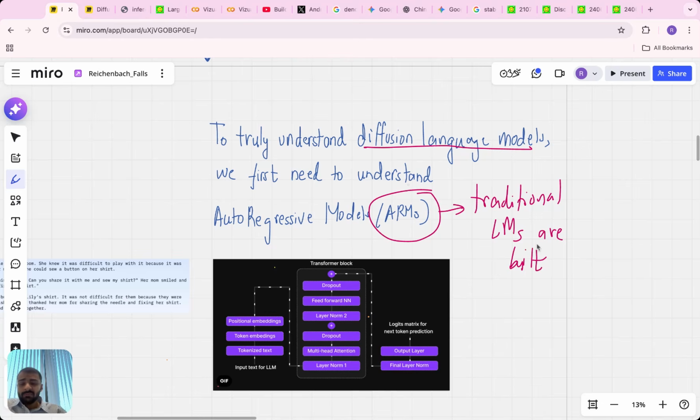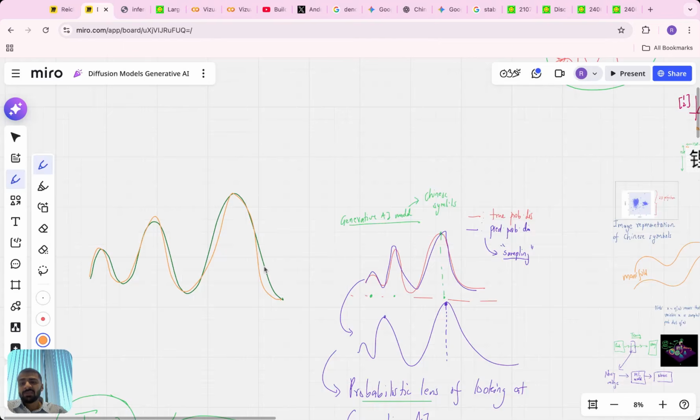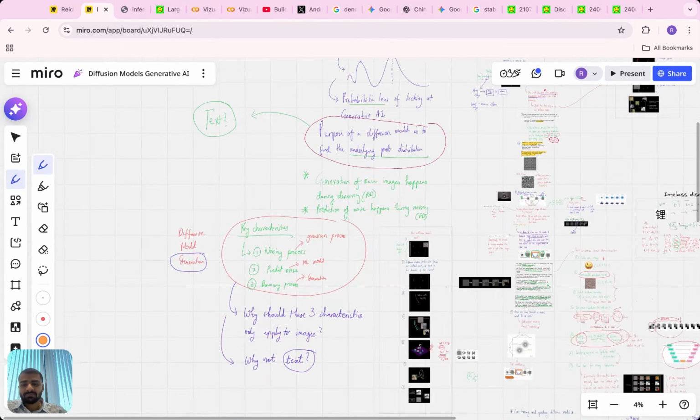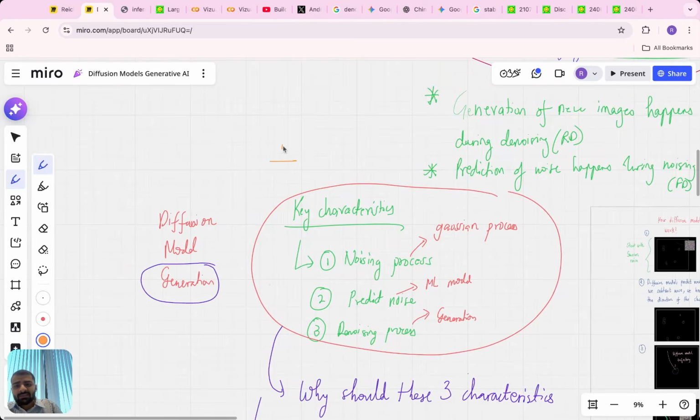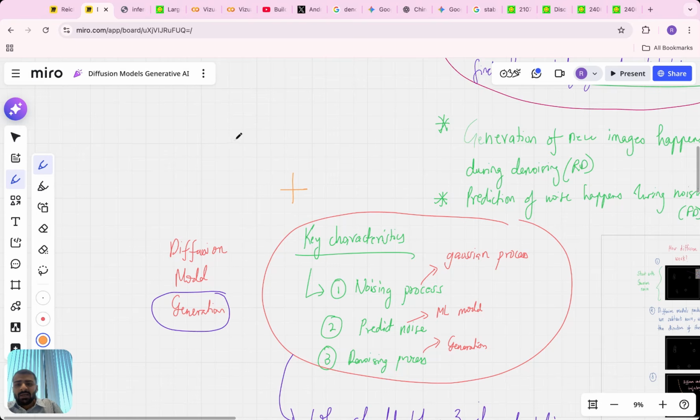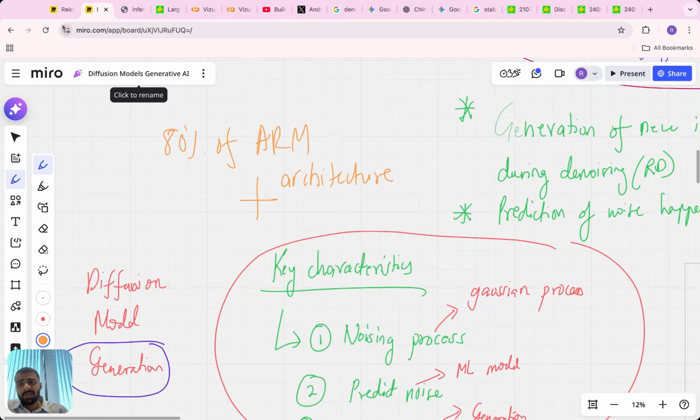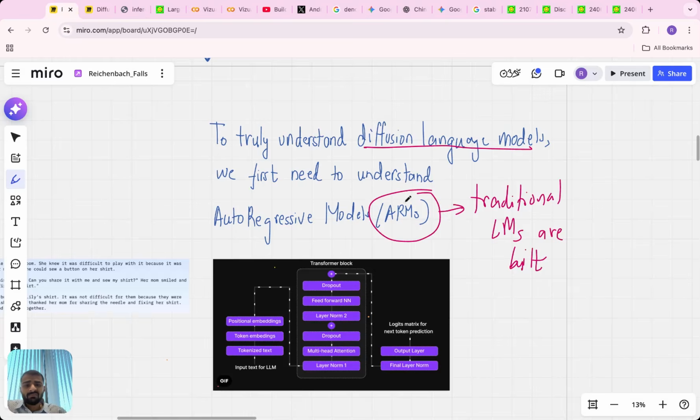It turns out that the architecture of diffusion language models is 80% similar to traditional language models, with the addition of these three concepts. So you can think of a diffusion language model as these key characteristics plus 80% of ARM, which is autoregressive model architecture. So to understand diffusion language models from scratch, we really need to do a deep dive into autoregressive models.